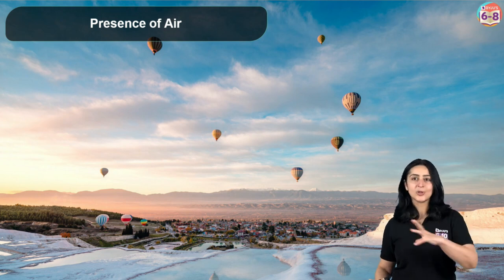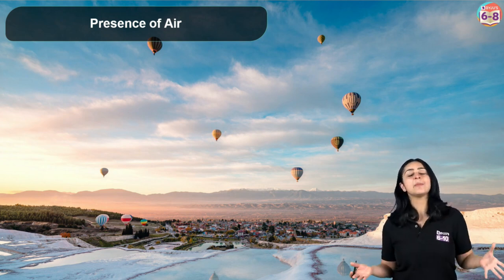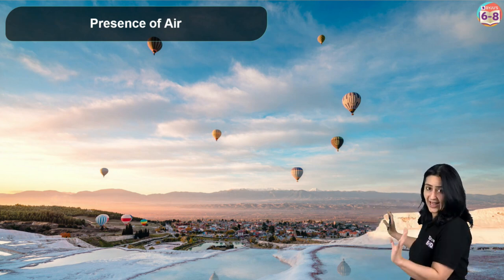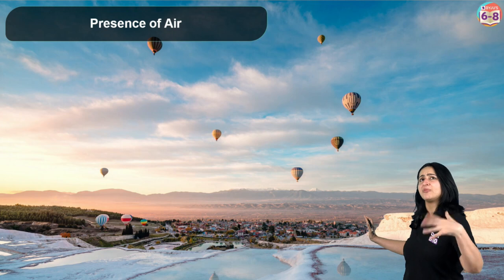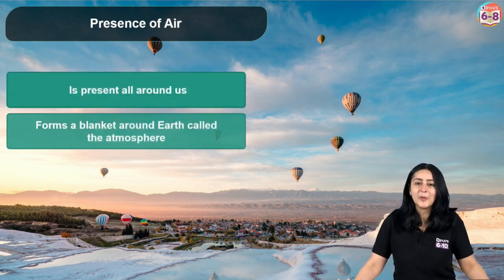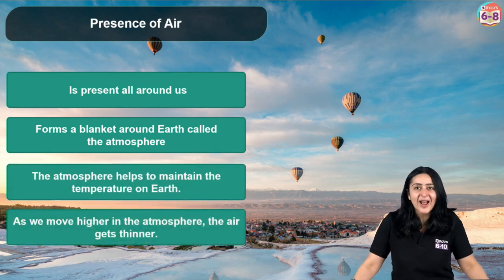So now that we know that air is all around us, let's talk a little bit about the properties of air, okay? But before that, we know that air is all around us. Where do we see it? Well, we don't really see it, but we know that air is present all around us, right?